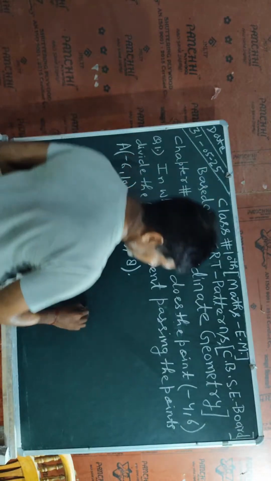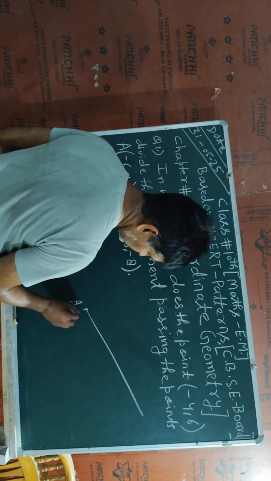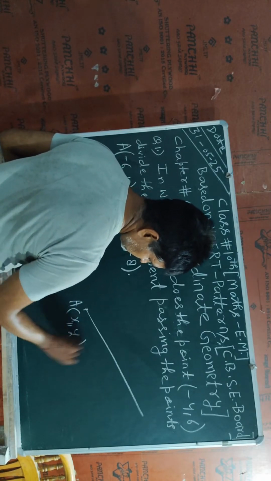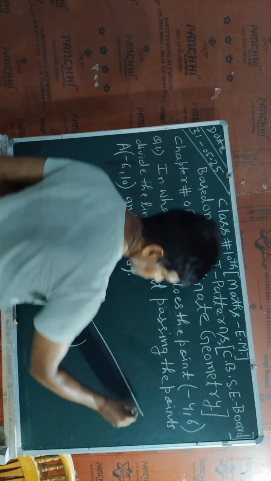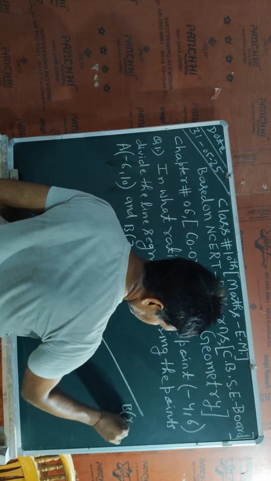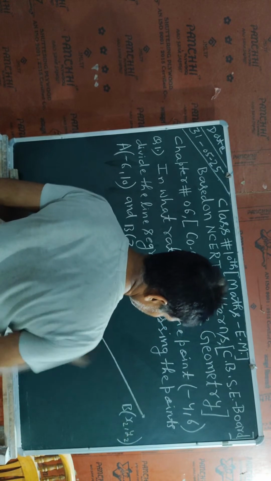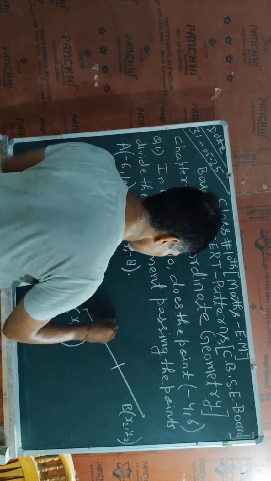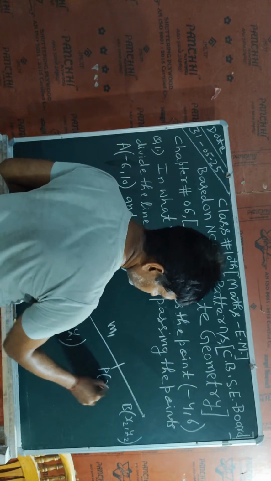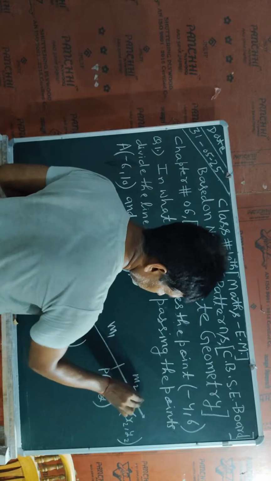Suppose a line segment is given, with one end point having coordinates x1, y1, and the other point written as B, whose coordinates are x2, y2. Now one point divides this line segment in the ratio m1 to m2.